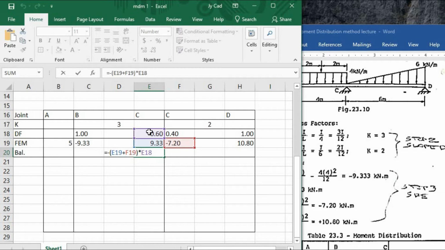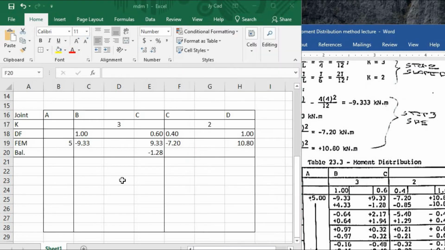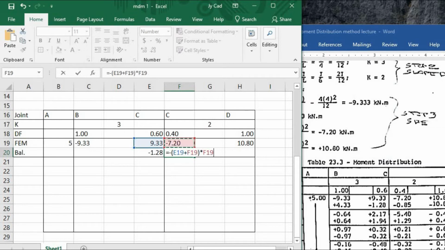Okay? Or i-fix mo sa distribution factor. So I will press F4. And then, check natin, 1.28. Okay, correct. Here, equal sign, negative, open parenthesis, 9.33 plus negative 7.2, close, times 0.4, enter. Then, balik ko dyan, F2. Before F, I will press F4.